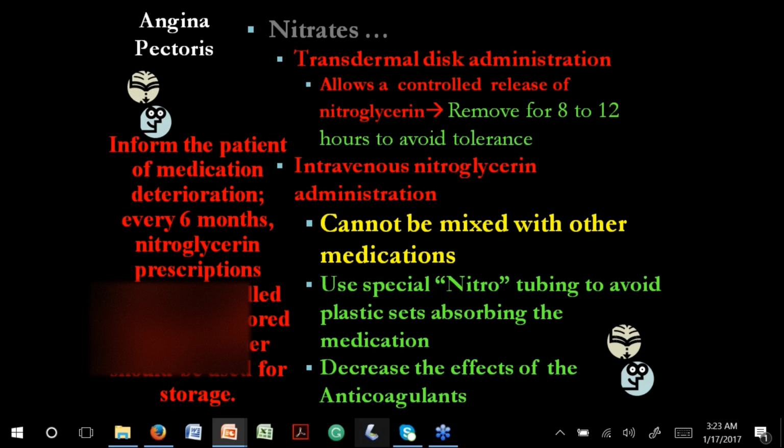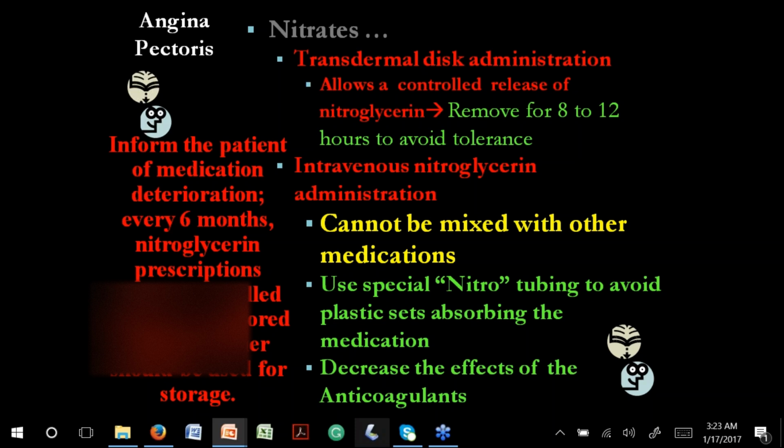Inform the patient of medication deterioration every 6 months. Nitroglycerin prescription should be refilled, and a dark colored glass container should be used for storage. So the medication should be stored in jars that are dark. Otherwise, the light is going to inactivate the medication.